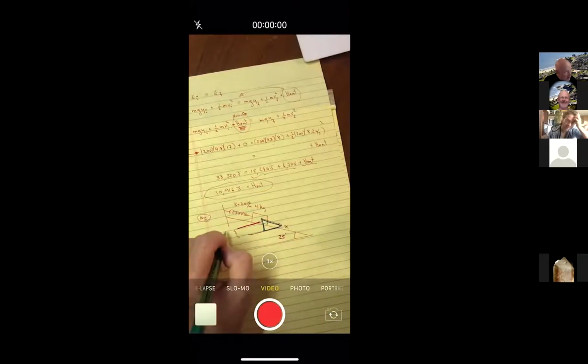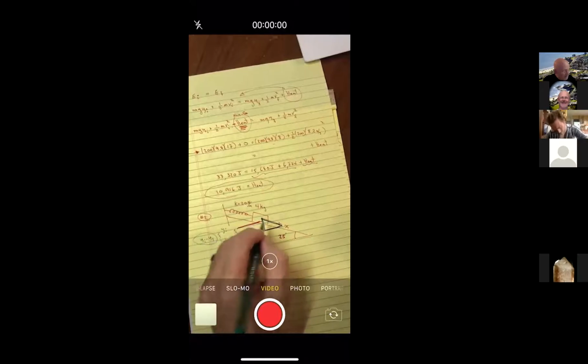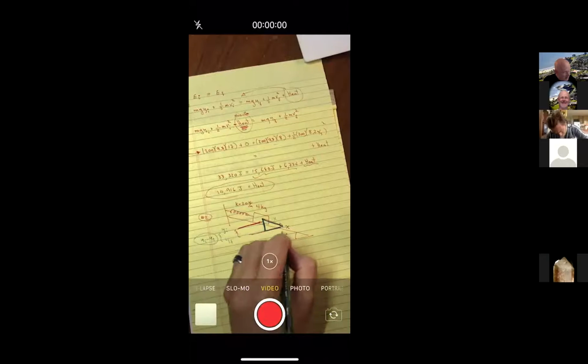But if it started here, y initial, and came down to this point, y final, then what I would call this is y initial minus y final. That's this height of it. And then this is the x. And then, of course, this angle is 25 degrees.